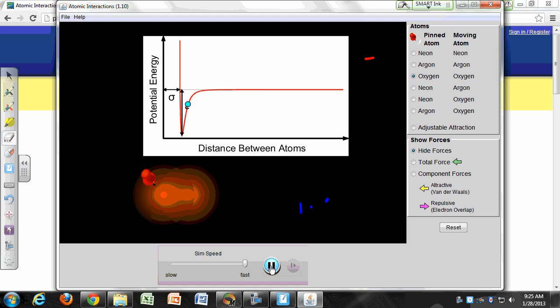Let's see. But what happened? The energy did not remain constant. Energy was not conserved. You should have expected it to oscillate back and forth between these two locations, right? But that didn't happen.